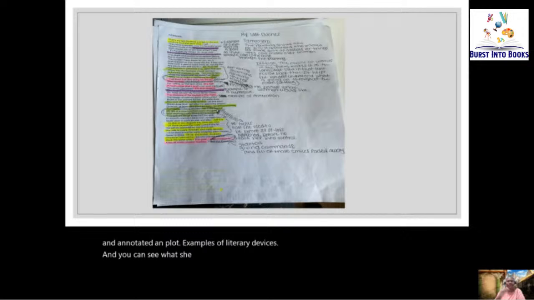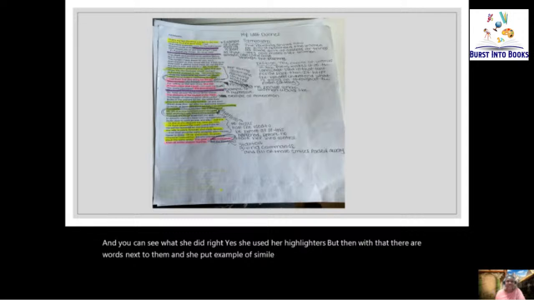Yes, she used her highlighter, but with that there are words next to them. She put example of simile, making it seem as if the woman cannot come alive through the painting; symbolism; diction. What that means is they have to write their thought. Hyperbole, she has a question mark next to hyperbole. Questions, thoughts that are going through your head.